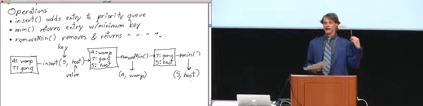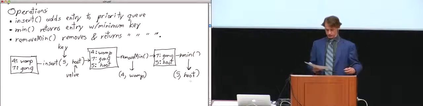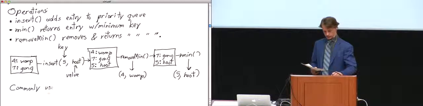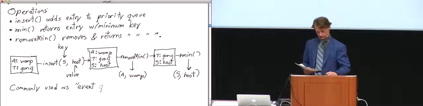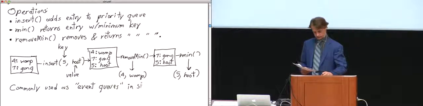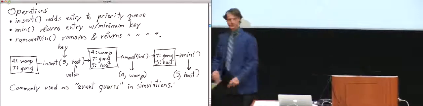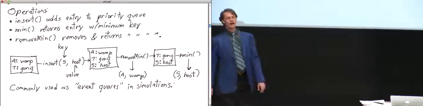So why do we want these operations? Well, probably the number one thing that priority queues are used for is what's called event queues for event simulations. So you might imagine that you want to simulate a fire in the building and the fire department's response to that fire.